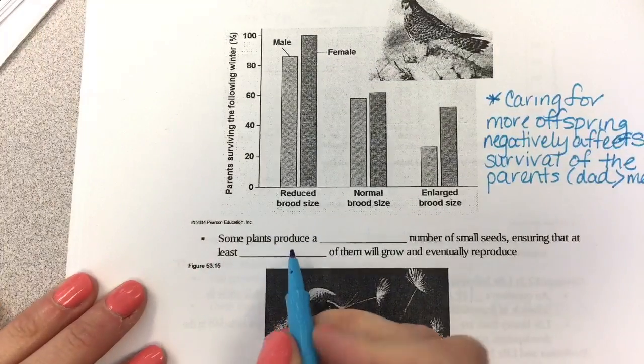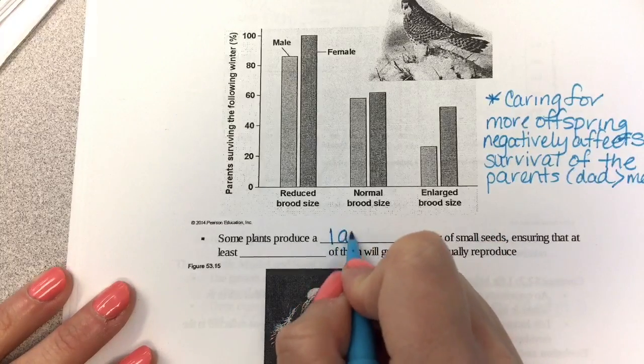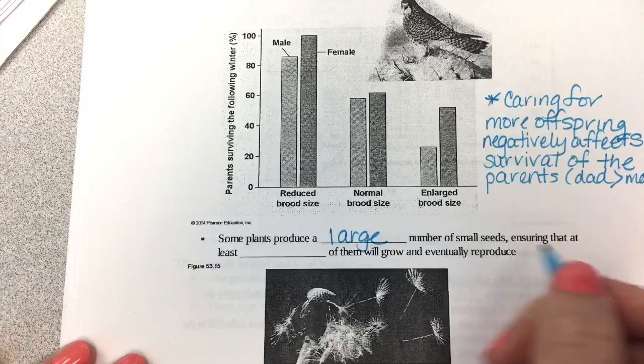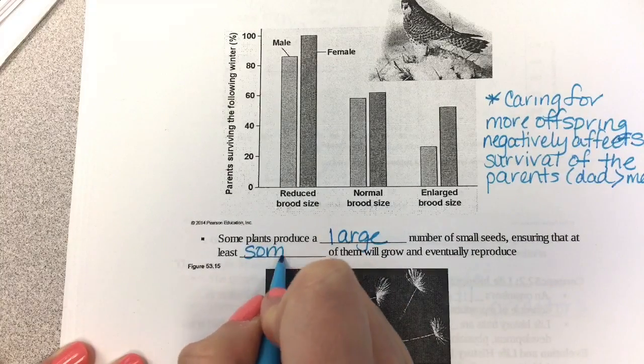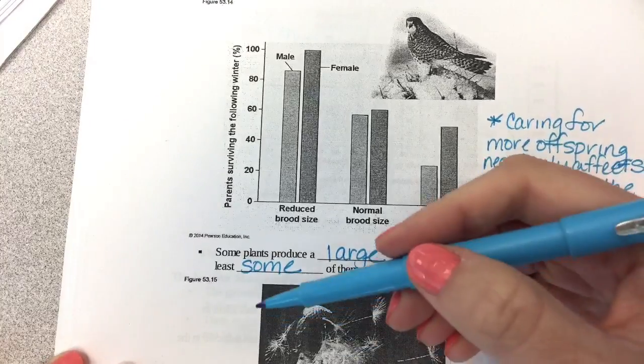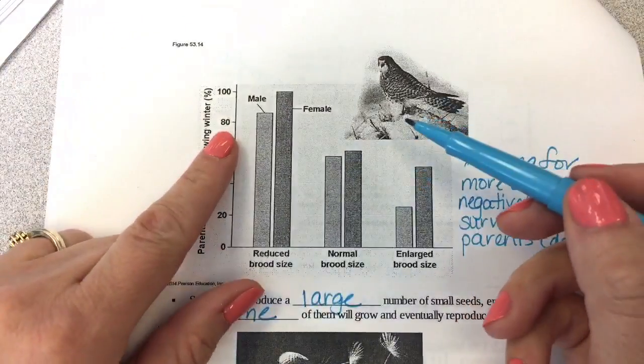Some plants produce a large number of small seeds, ensuring that at least some of them will grow and eventually reproduce. So notice the difference here. This is a plant and the kestrel was an animal.